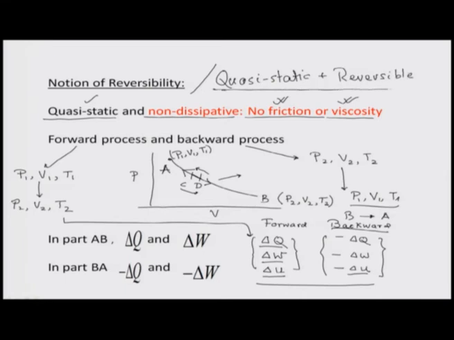with an advantage. What is the advantage of a reversible process? If I know delta Q, delta W and delta U for a forward process, I know them for the backward process also.